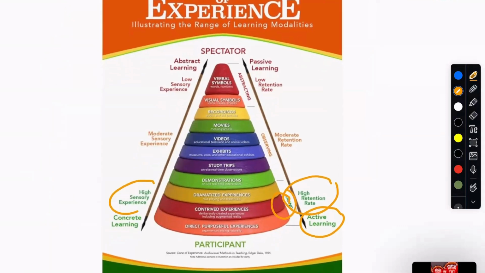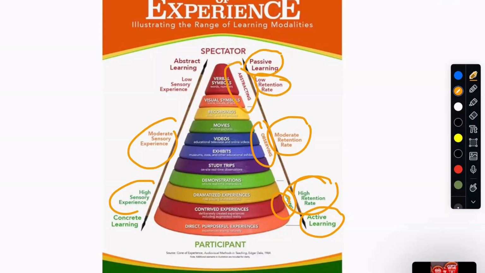If we involve all of our senses, we experience it highly, and that means a high retention rate. When we have moderate retention, we're just observers, so our sensory experience is moderate. And when we are passive, with low retention, we're only abstracting, so that has a low sensory experience.